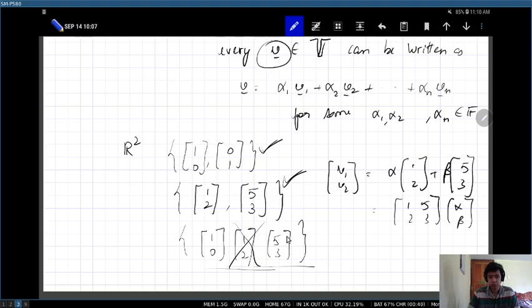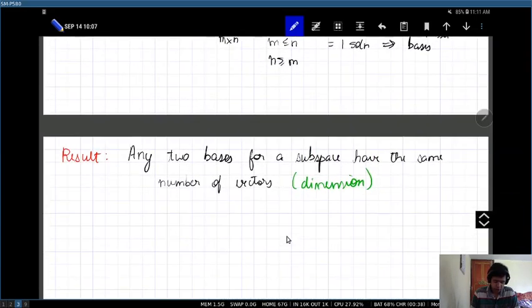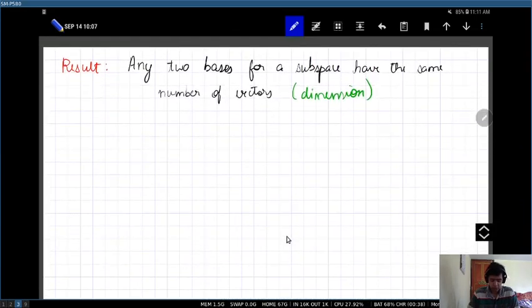But what is special is that these two bases have the same number of vectors. So if you take any two bases for a vector space, then they will have the same number of vectors, and we'll assume here that at least one of these bases has a finite number of vectors. So we'll only consider vector spaces which have a basis of finite size.